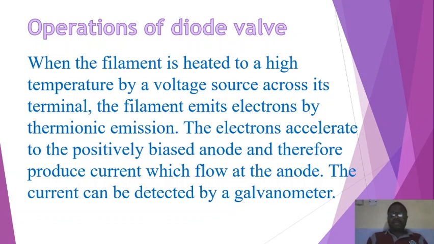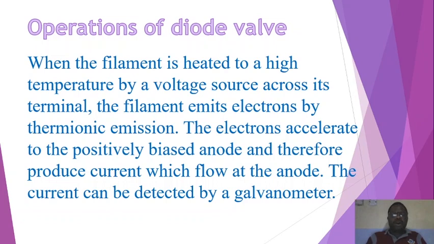The current can be detected by the galvanometer. If you watch the operation of the thermionic diode, you see that it is similar to that of the hot cathode.